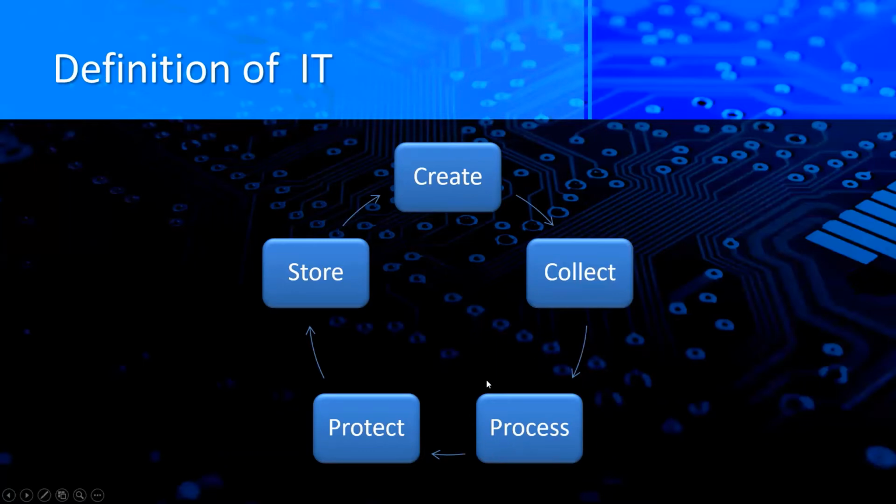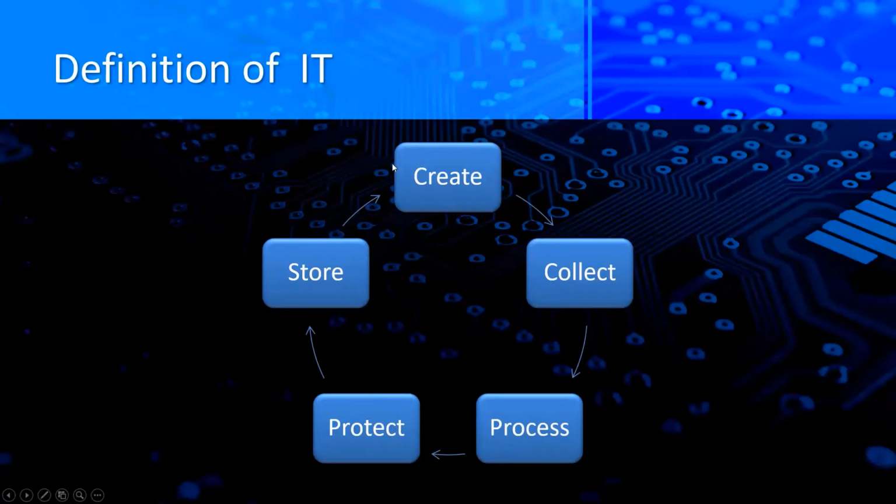Then you filter it out, protect it, and store it in a glass jar or whatsoever. So any system follows I, it follows P, and it follows O. It means it follows the IPO cycle, that is input, then process and output.